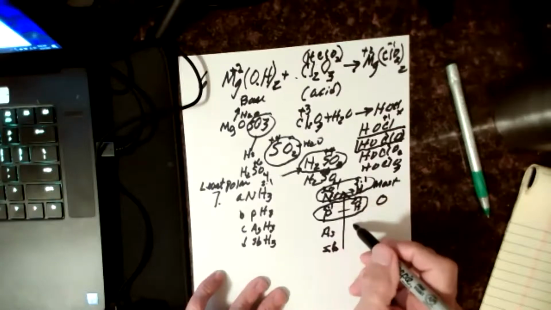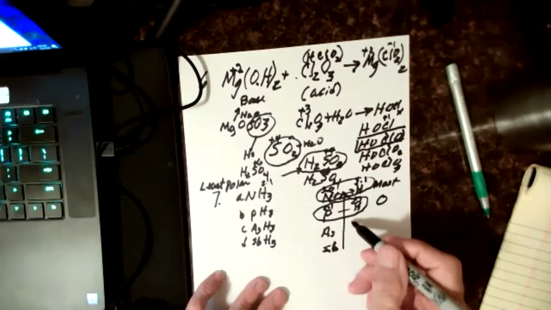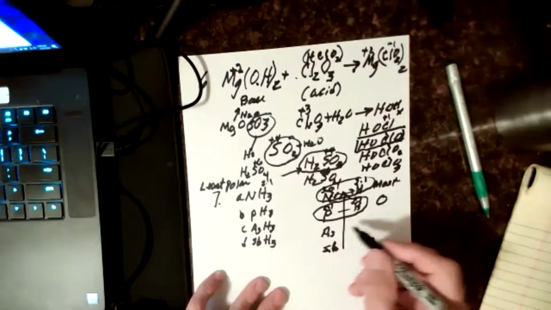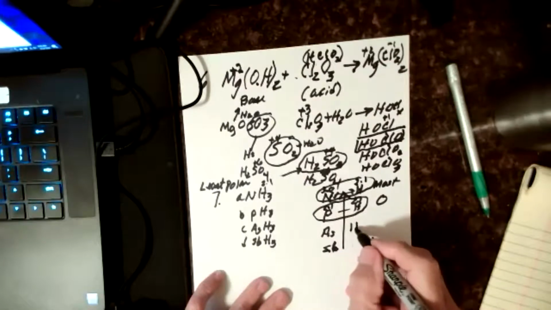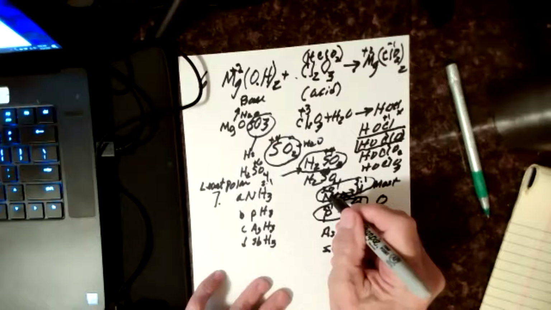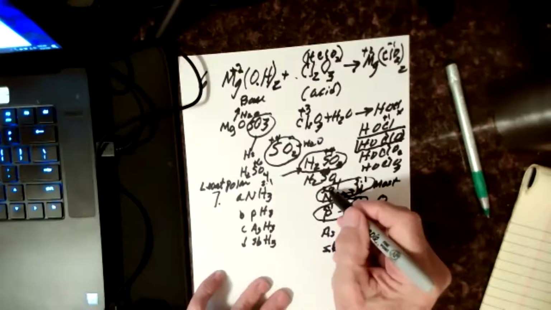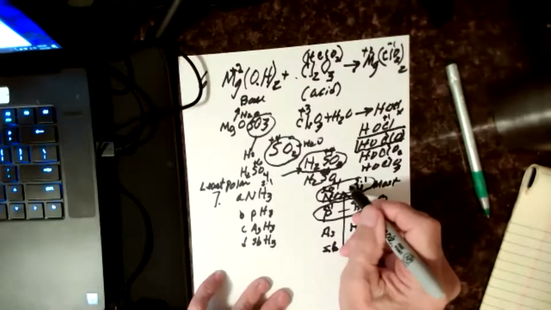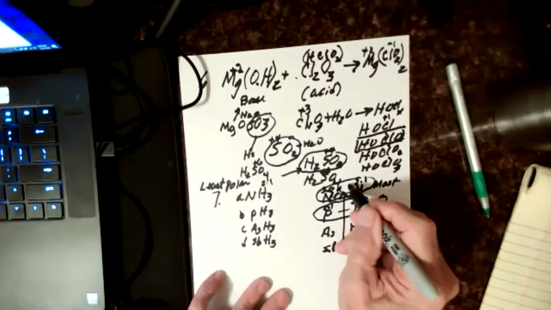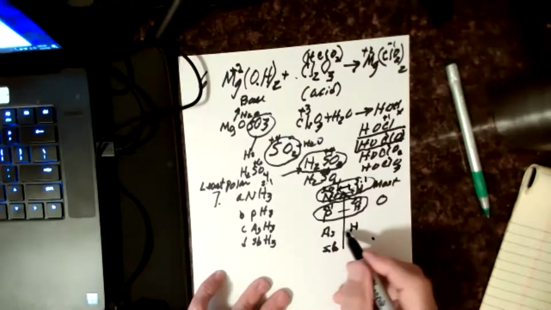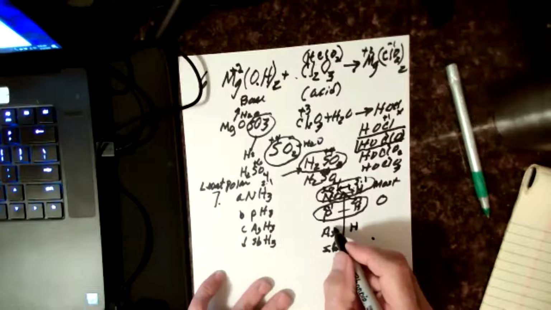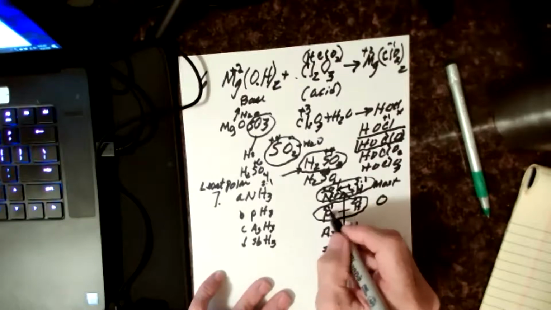What you'll see then as you go on down, they will become more polar, but the direction of the dipole moment will be different. For example, up here, nitrogen was the more electronegative element, so its dipole moment points towards nitrogen. But in this one, hydrogen is more electronegative than this one. Remember, they're equal at 2.1.